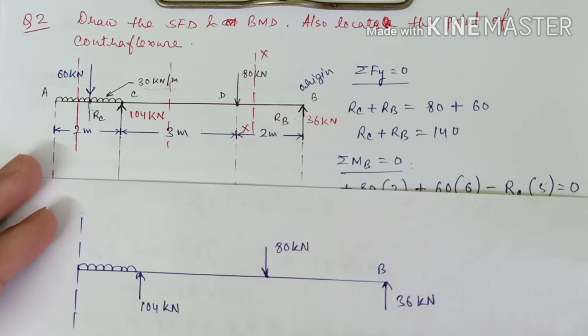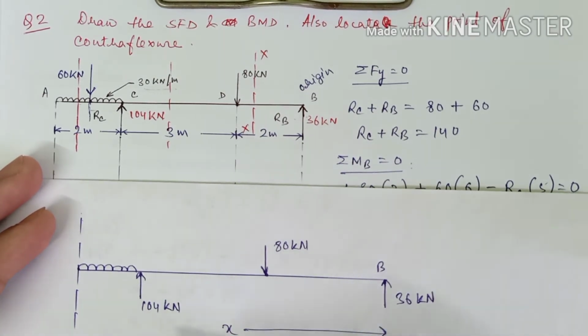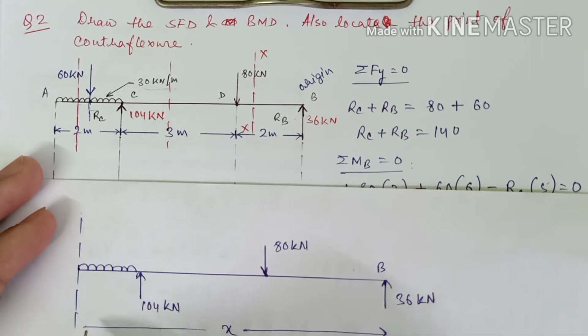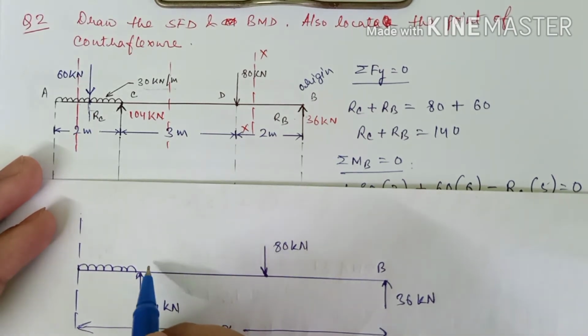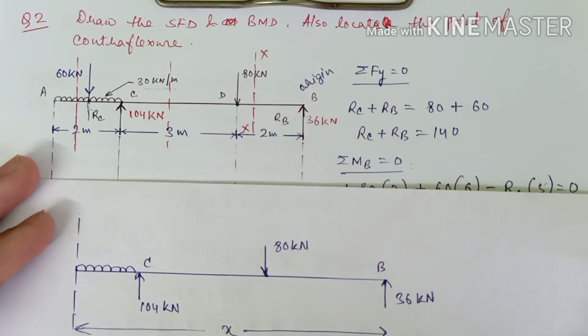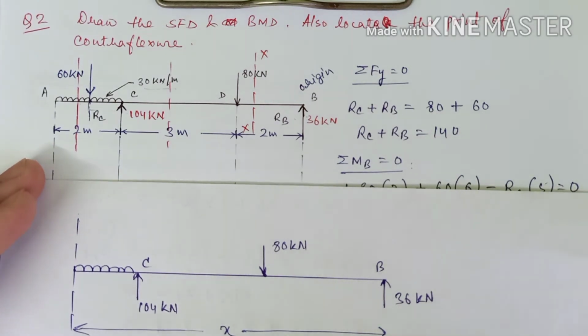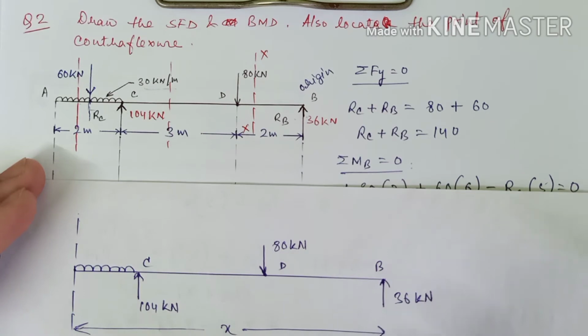So basically this section is at X distance from the origin, that is this point B. So let me write, this is point C. Okay, so everything is done. Just let me check. Yes, everything is done. So this is point D.